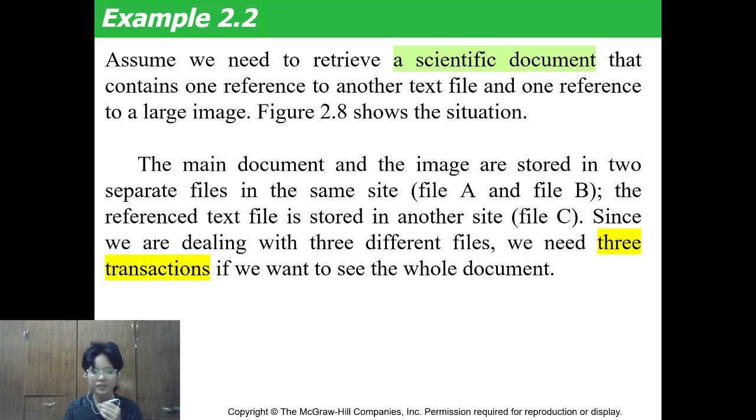The main document and the image are stored in separate files on the same site, file A and file B. The referenced text file is stored on another site, file C. Since we are dealing with three different files, we need three transactions if we want to see the whole document.